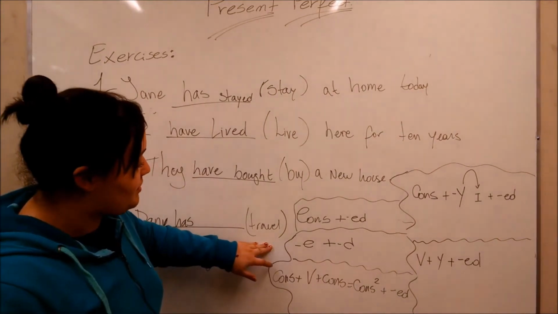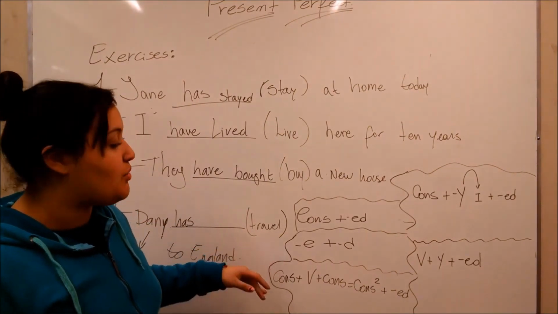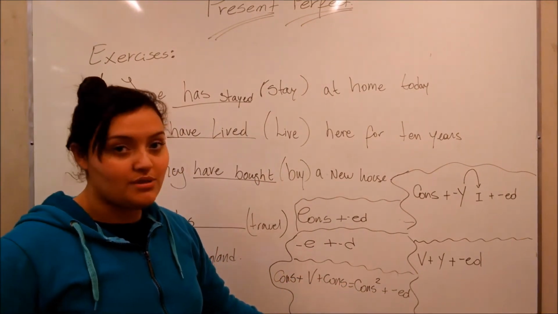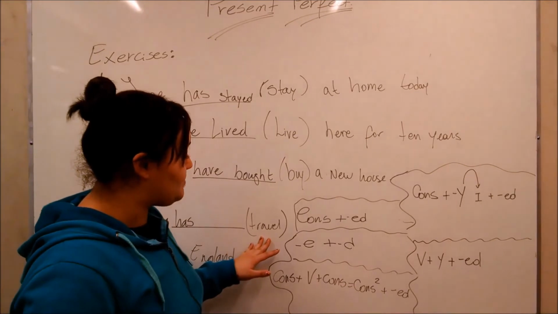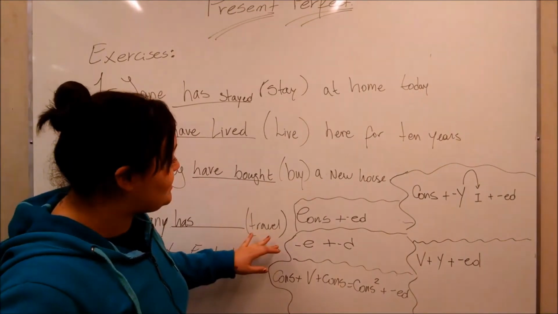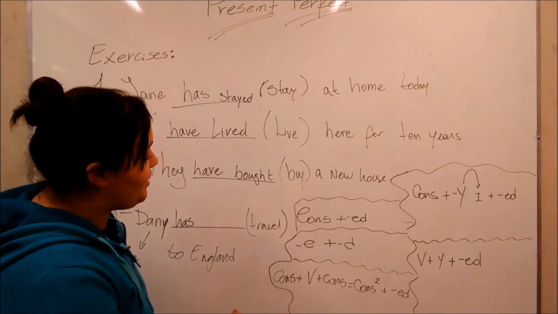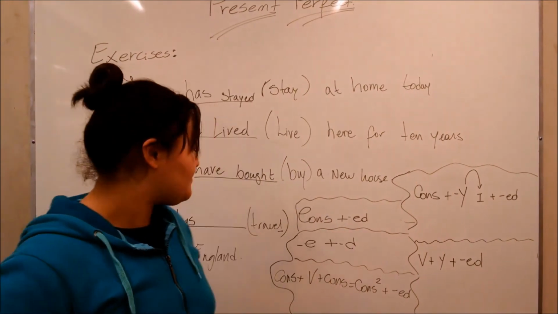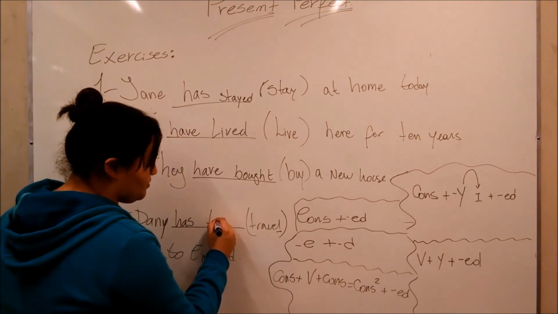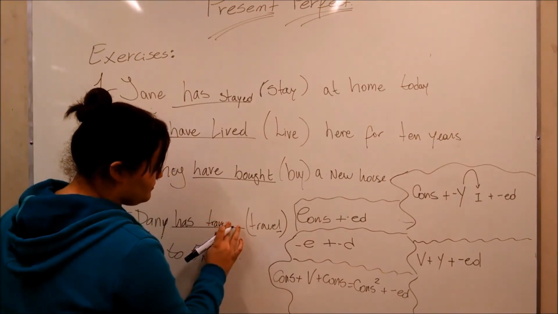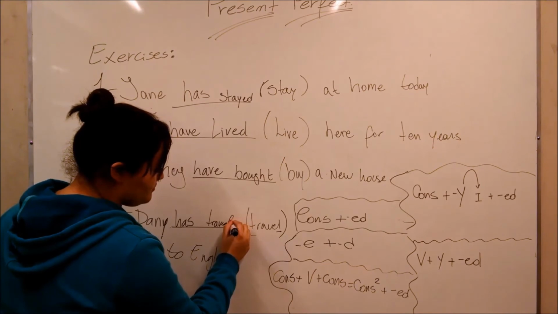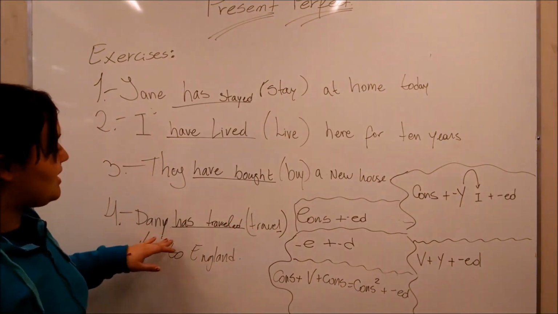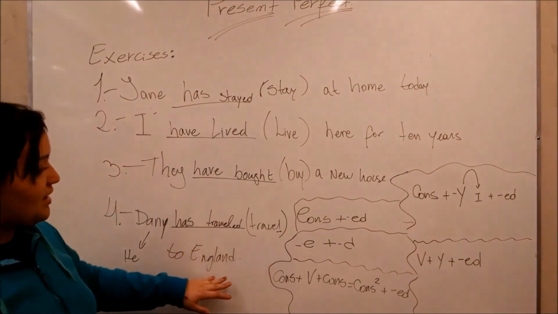In the case of travel, this is a regular verb, so we have to watch our rules for these types of verbs. In this case, travel ends with a consonant, that is L, so we just have to add ed. So it's going to be traveled. So Danny has traveled to England.